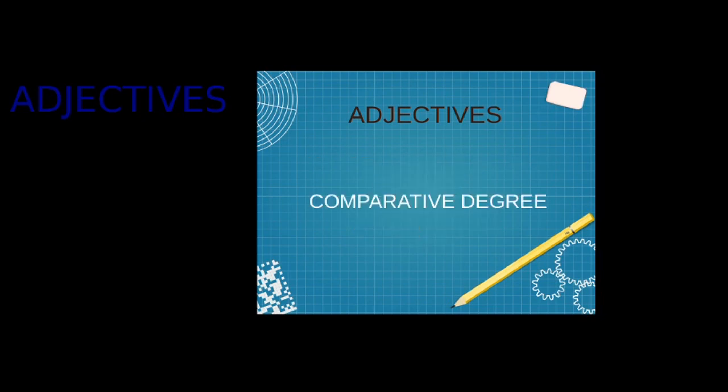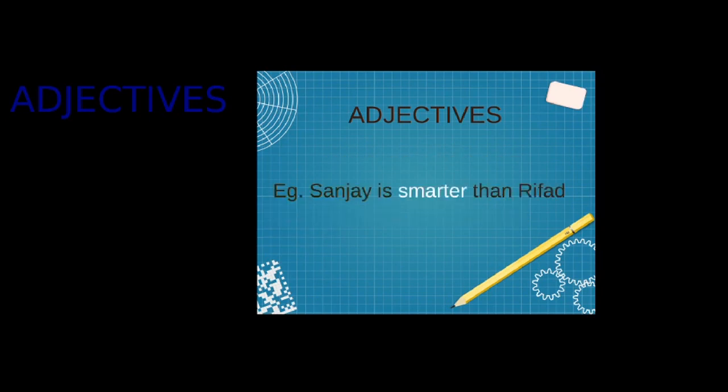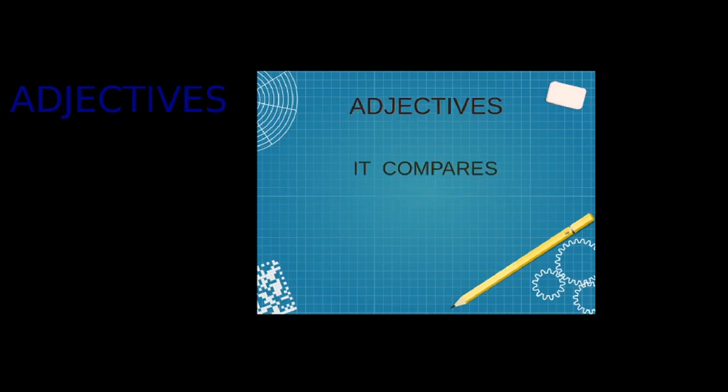Next, let's see what is comparative degree. Comparative degree is used to compare two persons, objects or places. Example, Sanjay is smarter than Rifat. So it compares, we told it is used to compare when there are two persons or places, right?